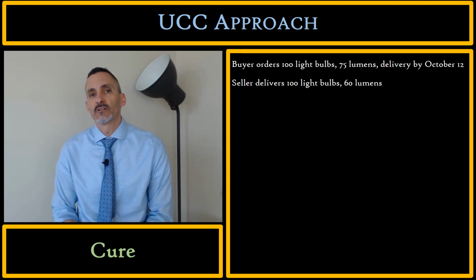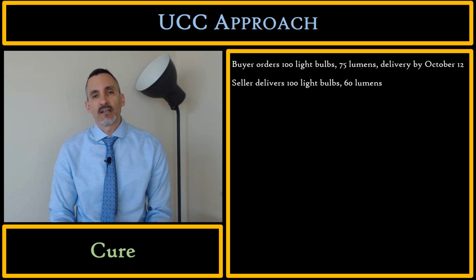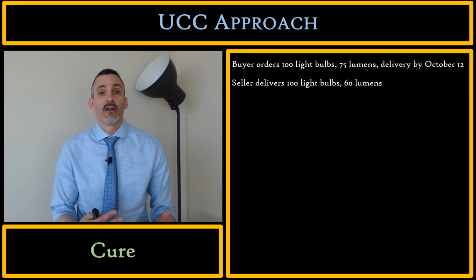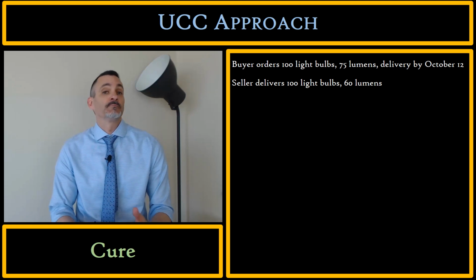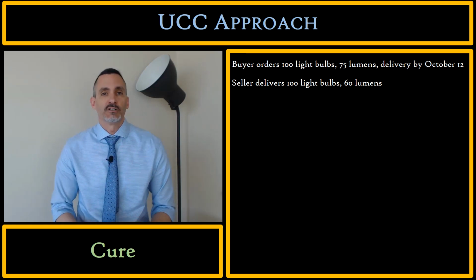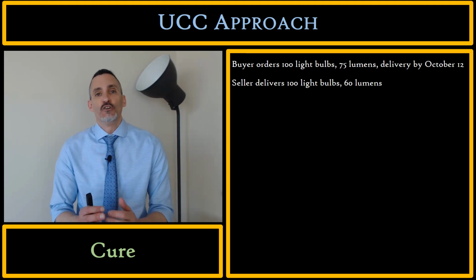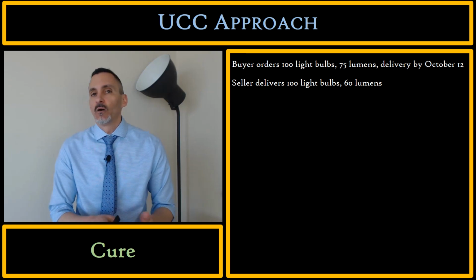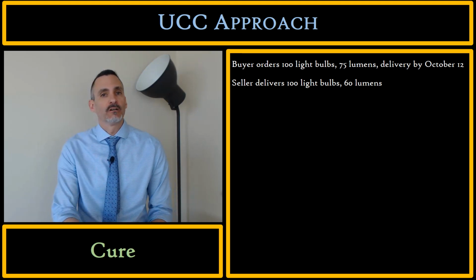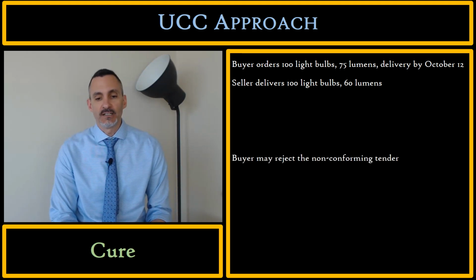Seller delivers 100 light bulbs, but they're not 75 luminum light bulbs, they're 60 luminum light bulbs. All right, so is seller in breach? Yes. Has seller perfectly tendered? No. Can buyer reject the goods? Yes. Will seller have a right to cure? Well, let's see what the UCC says.